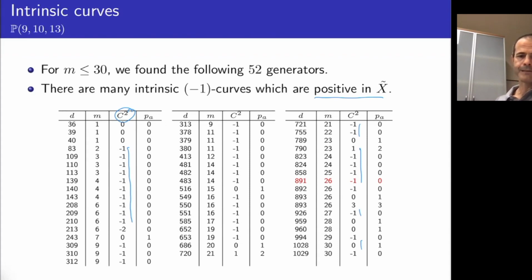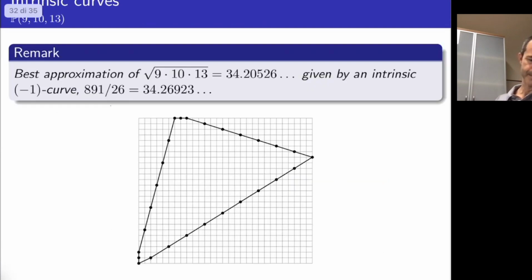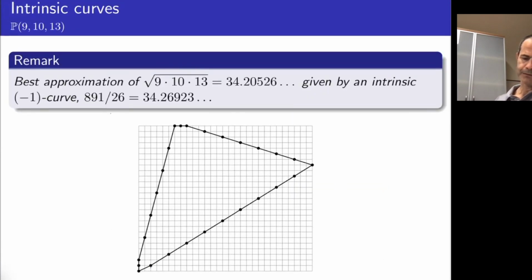So these are generators, elements of the effective cone of the blow up of the weighted projective plane, but if we consider them as intrinsic curves, they are intrinsic -1 curves. For example, in correspondence of this degree, this is the Newton polygon of the curve. If we consider the volume of this hexagon minus m square, we get -1 because this is an intrinsic -1 curve.